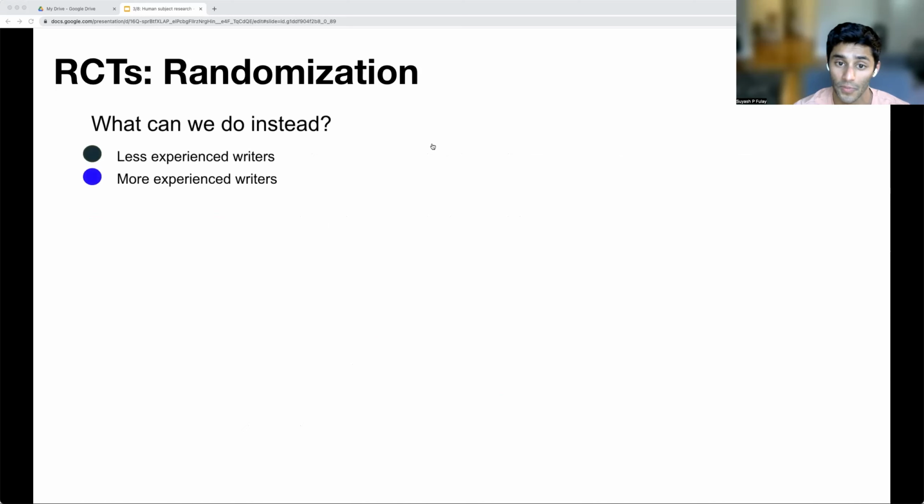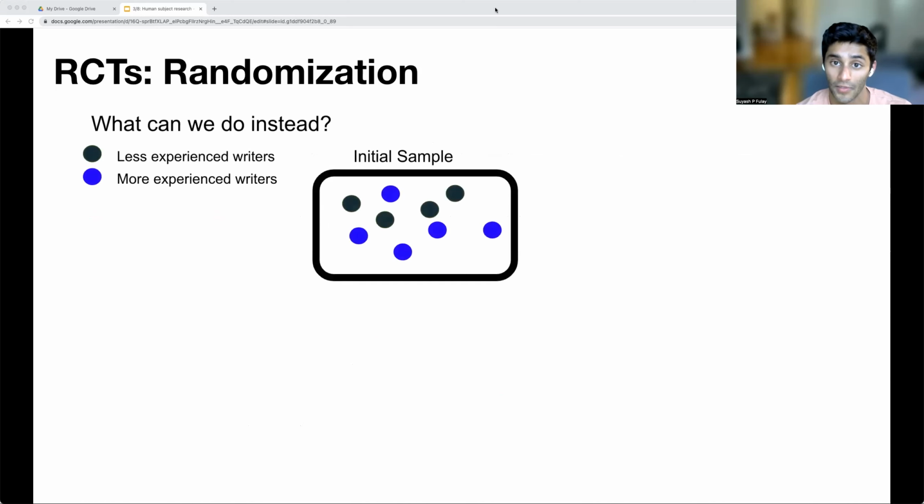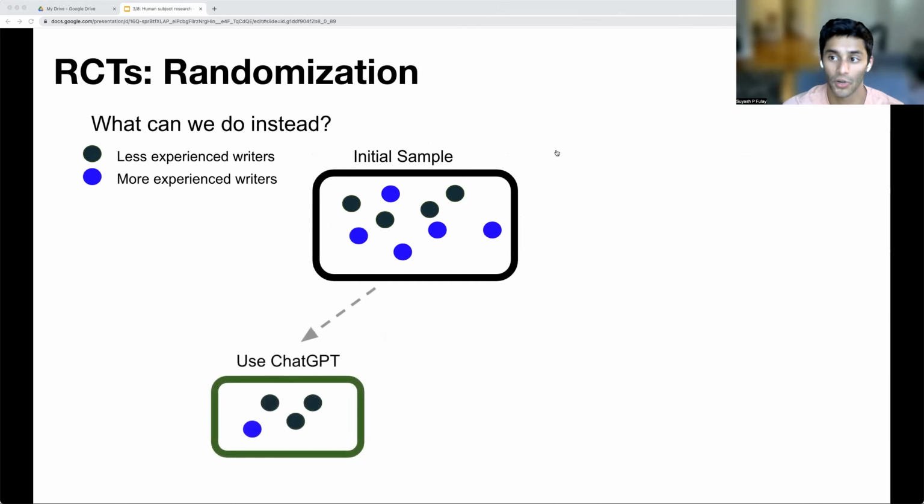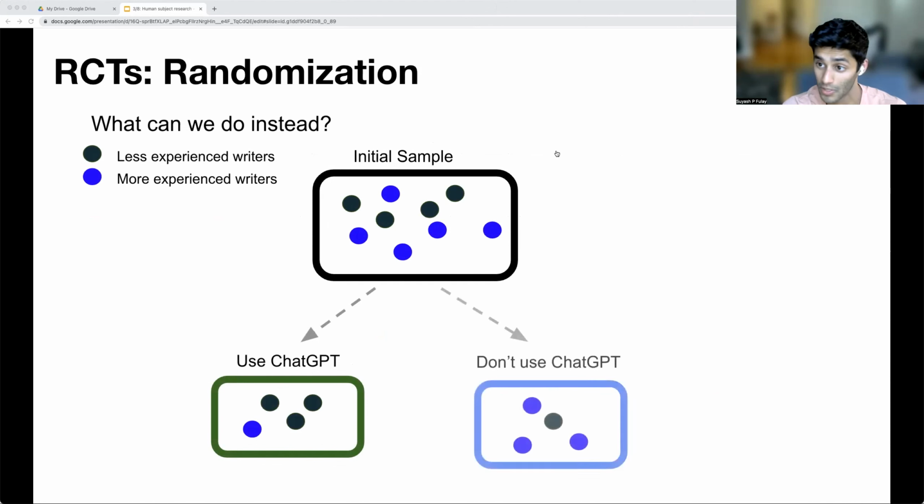So what can we do? Let's say we have an initial sample of MIT students. There's some of those that are more experienced writers than others. In this case, the blue dots are experienced writers and the green dots are less experienced writers. So we just let people go. Basically, some of them will use ChatGPT and some of them won't.